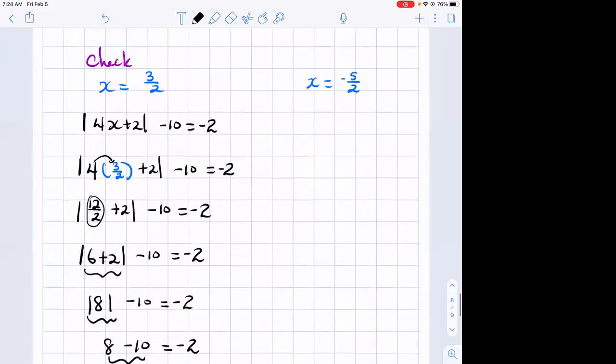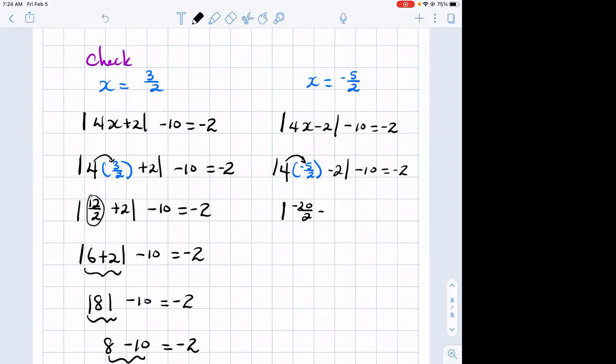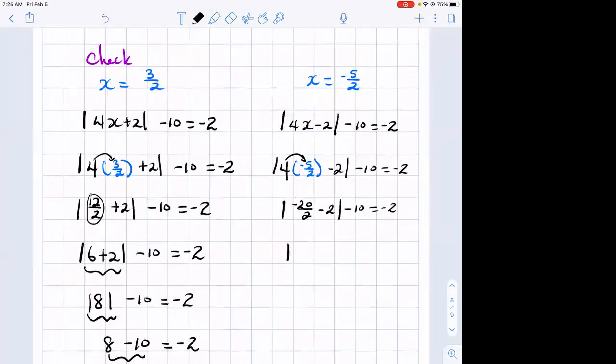Now we have to go and check if x equals minus 5 halves is an answer also. So the absolute value of 4x minus 2 minus 10 is equal to negative 2. Now, our x value is minus 5 halves. And if we multiply this, this becomes minus 20 halves. And minus 20 divided by 2 is negative 10.